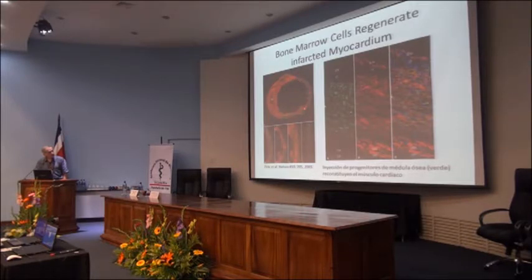The myocardial wall becomes fibrotic and becomes thin, and they injected hematopoietic stem cells into the bloodstream, and these hematopoietic stem cells were stained green. They were GFP, green fluorescent protein, and as you see, they show up in this infarcted area. So they are attracted to this infarcted area, and at least in this model, this is an animal model, mind you, this is not humans, but in this model, they hastened healing of the myocardial infarction.